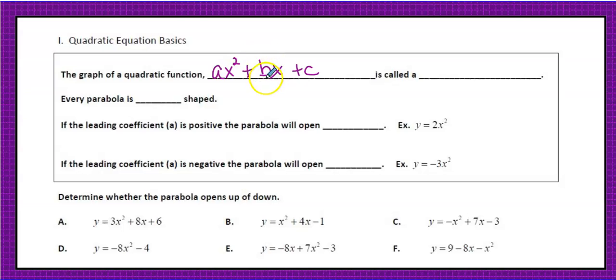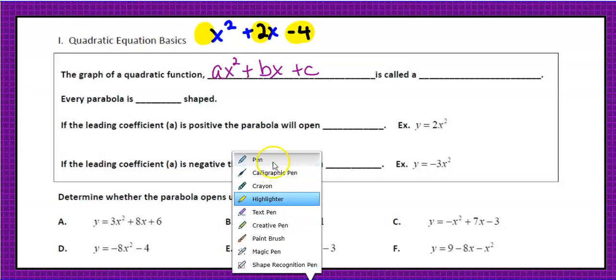And then you've got your b here, another coefficient. If I gave you the example x squared plus 2x minus 4, remember when we did quadratic formula, the a value is 1, the b value is 2, and the c value is negative 4. So that's what we mean by ax squared plus bx plus c. That's just the form that it takes.